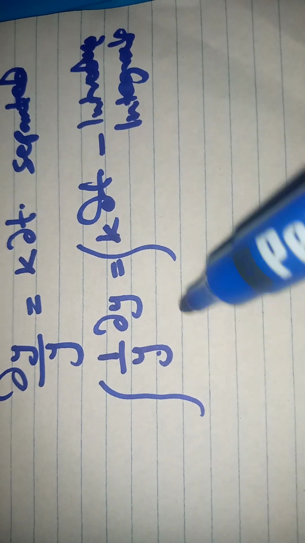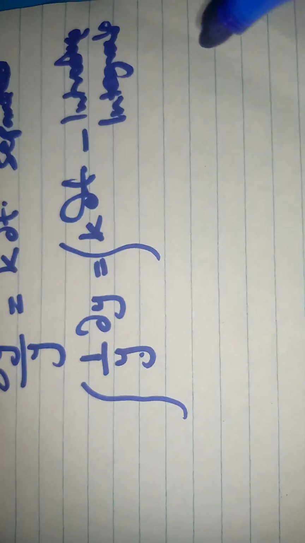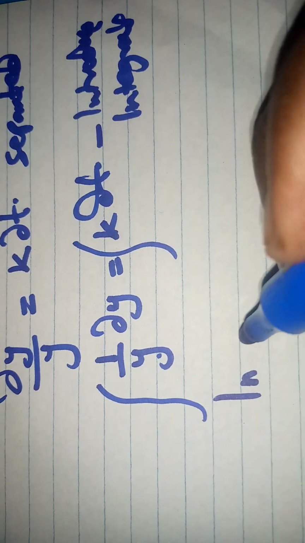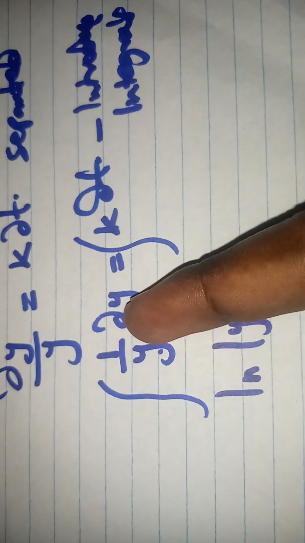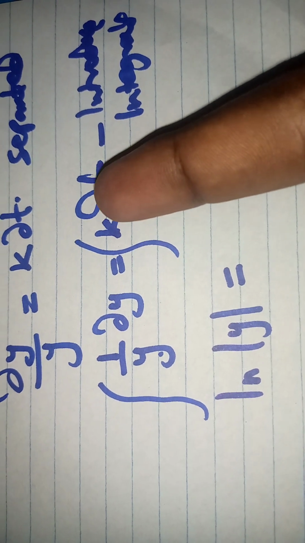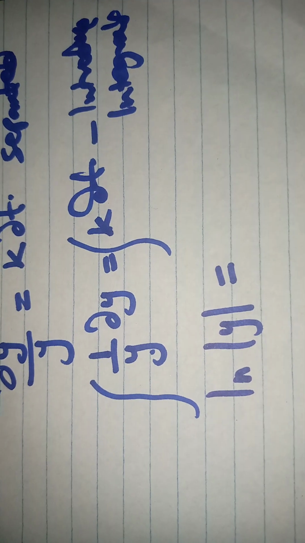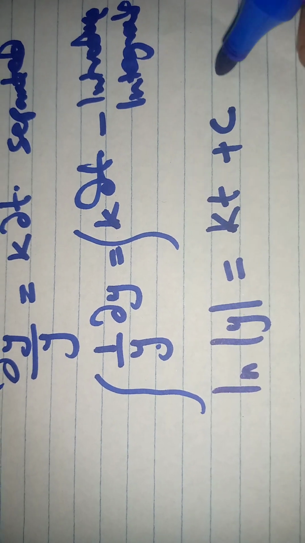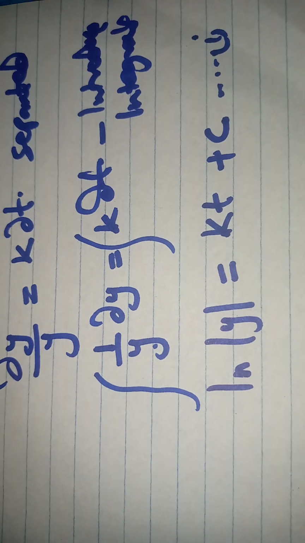So if you integrate 1 over y with respect to y, I'm going to have the natural log of y on this end, but on the other side, remember k is a constant. Integrating k with respect to t, I'm going to have kt plus some given constant. You can call that equation 1.